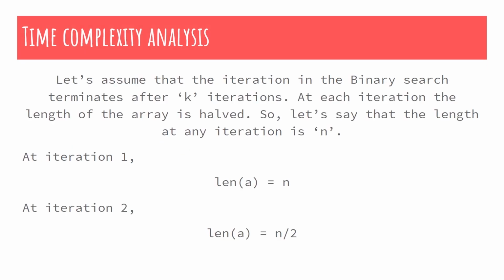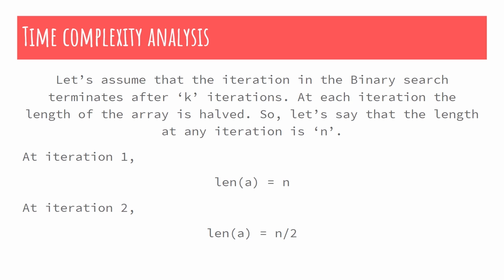At first, we need to assume that the iteration in the binary search terminates after k iterations. At each iteration, the length of the array is halved. So let's say that the length at any iteration is n. So at the very first iteration, the length of a, that is our array, would be n, and at the second iteration, as we have told earlier, it would be halved.